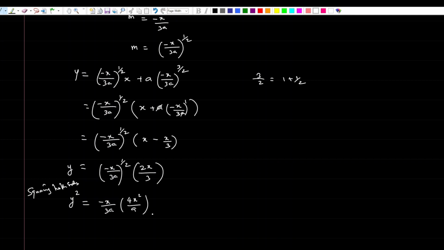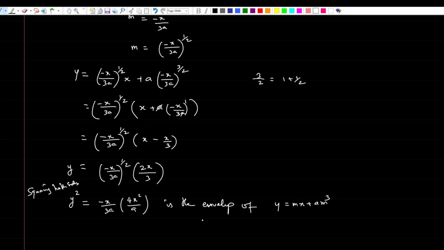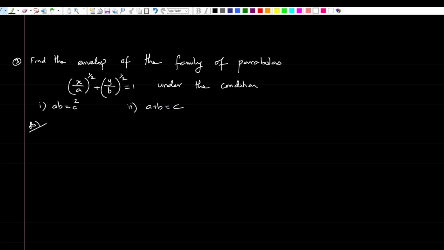So this is the envelope of y is equal to mx plus am cubed. This is the answer for this problem. So this is a very simple example for finding the envelope.